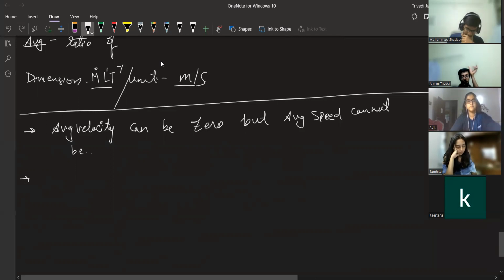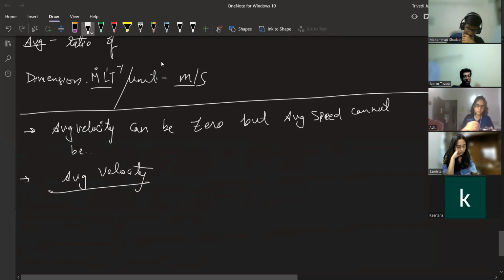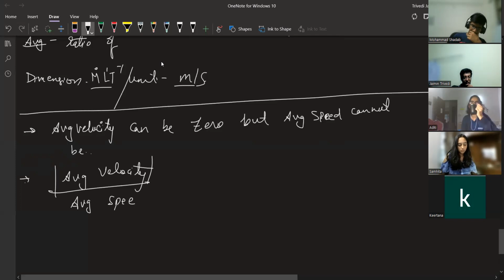See, if I take a positive value of average velocity, and positive, obviously speed will be positive, but if I take the average speed, will the ratio be equal to 1?